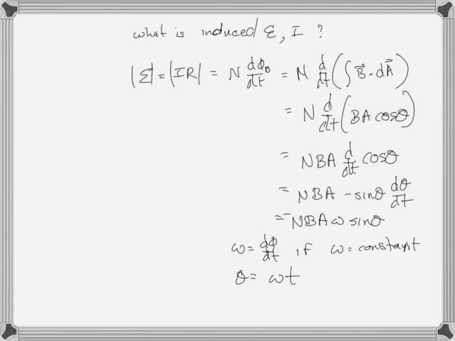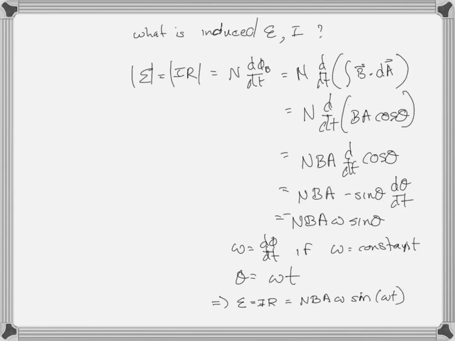If omega is a constant, then theta is equal to omega t. In other words, it's rotating at a constant rate in this field. So therefore, the induced EMF, dropping the minus sign just in terms of magnitude, is N, B, A, omega sine omega t, right?